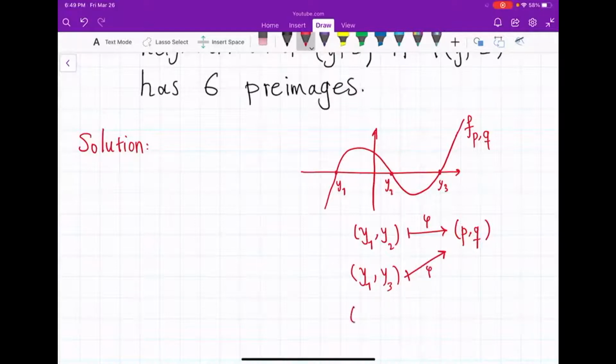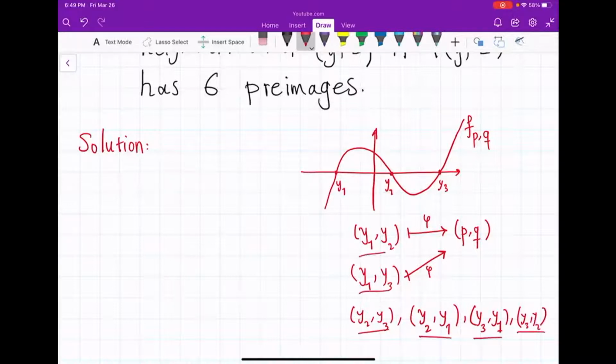But then also I have y2 and y3, and I have now 3 points, but also y2 and y1 is a different point because these are distinct, and so on. Well, maybe there's one left. Let's write that down too. And then there is y3, y1, and then y3, y2. So 1, 2, 3, 4, 5, 6 points, all mapping to the same p and q.